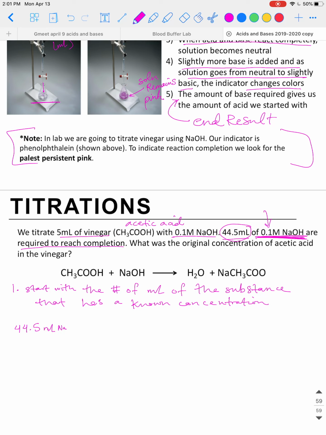So we're going to start with 44.5 milliliters of NaOH. And we want to ultimately get a concentration of acetic acid. Concentration is moles per liter, right? That's molarity, which is concentration. So we need to get moles of acetic acid.